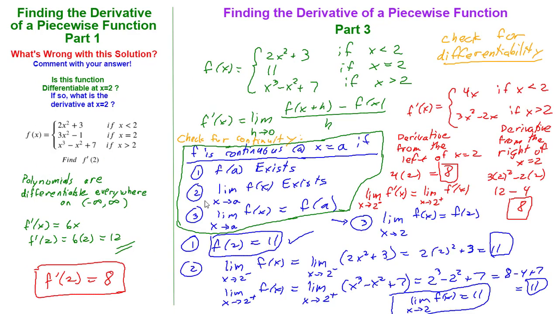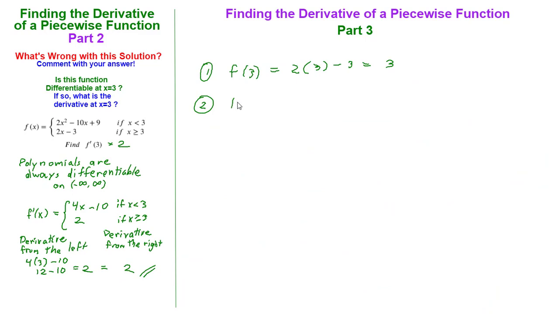So the second condition would be to show that the limit as x approaches a of f of x exists. So we need to show the limit as x approaches 3 of f of x exists. Well, for a piecewise function like this, where the function is defined one way for x less than 3 and one way for x greater than or equal to 3, we want to find the limit from both sides.